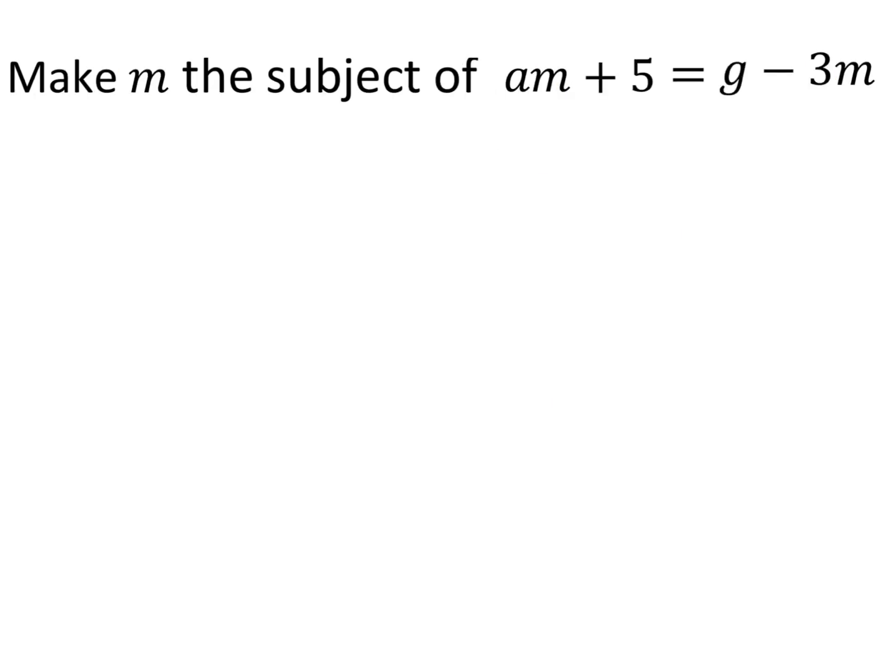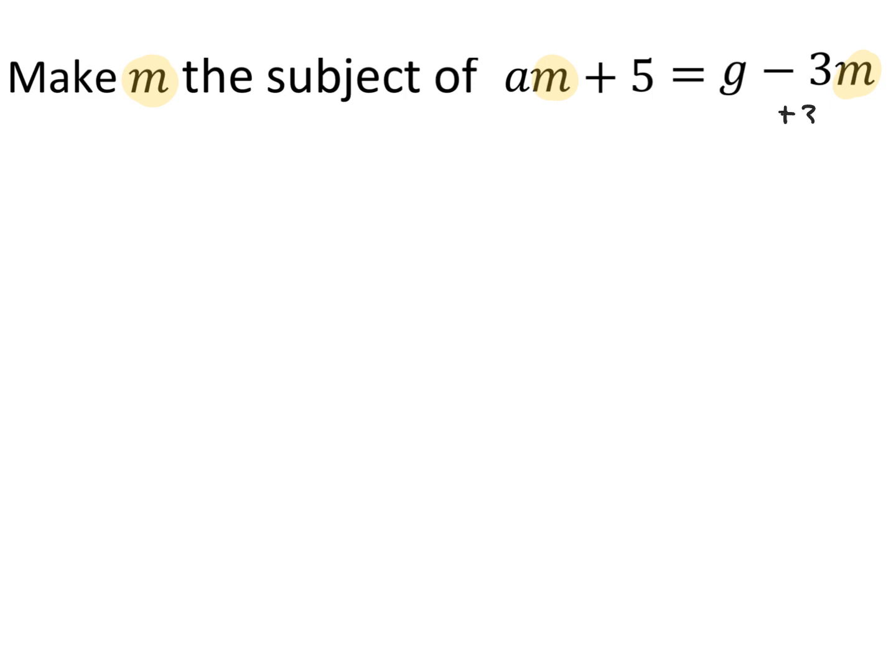Here I want to make m the subject, and again the letter m appears twice. Now you might think this is going to be exactly the same as the one before, but when I start moving things about it should hopefully become clear that it's not. So I've got this negative 3m on the right hand side.